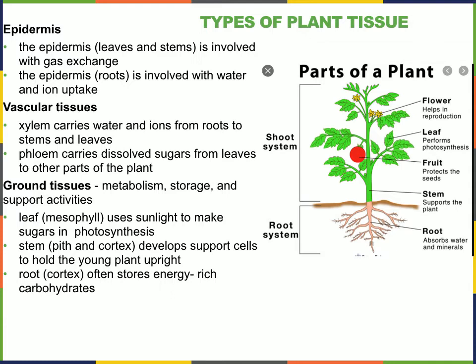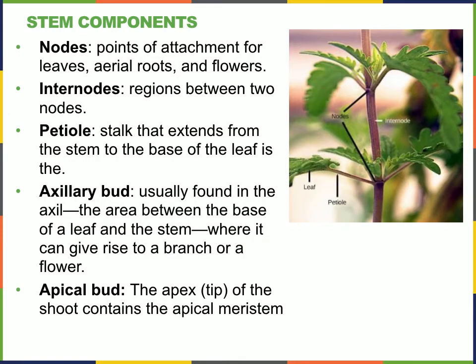Okay, and in both the stem and in the root, you have ground tissues. These include the supporting cells that are going to form the structural part of the plant, and in the root, these will contain cells that will store energy. Okay, and the root will contain epidermis as well, but here it's going to be involved in water uptake and the uptake of some nutrients.